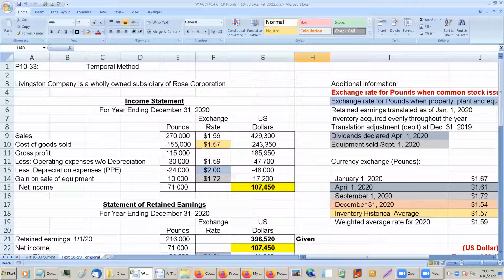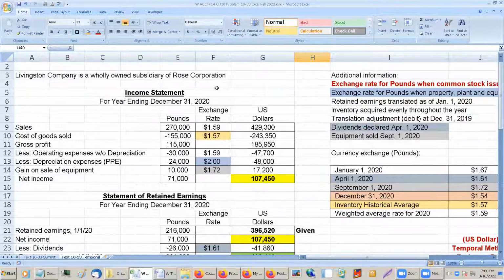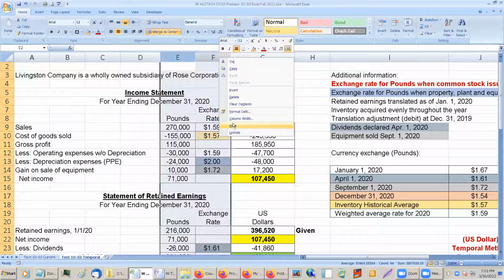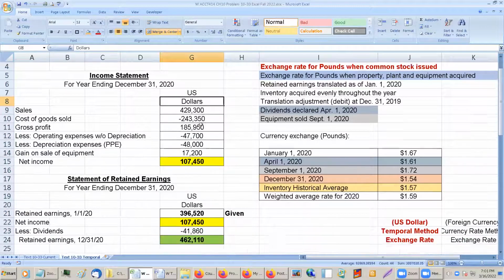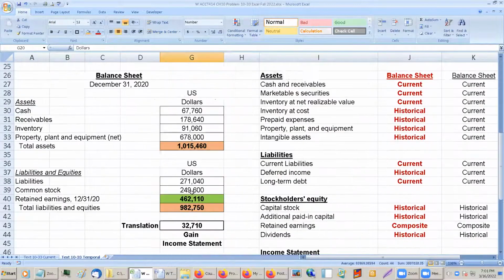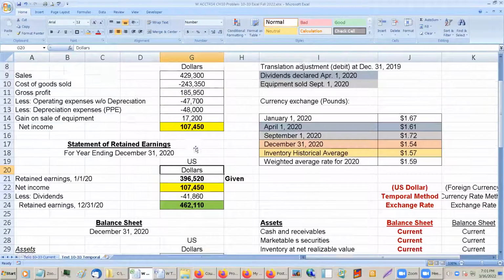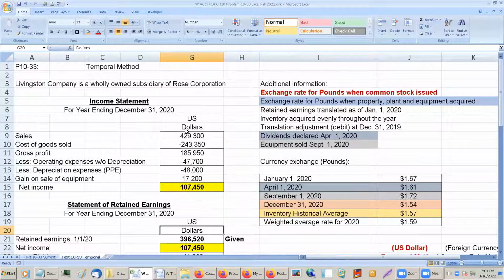And so they have to bring in those dollars. If they're consolidating with US dollars, they have to come in US dollars. So on this one, this would be the consolidation amounts. This is what they would consolidate with the US companies. These would be the dollar amounts for the subsidiary.